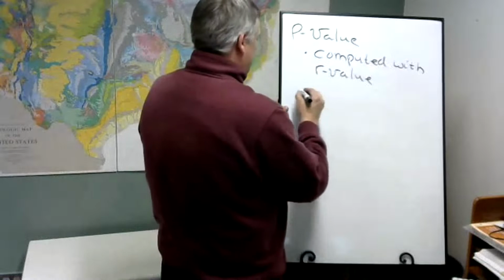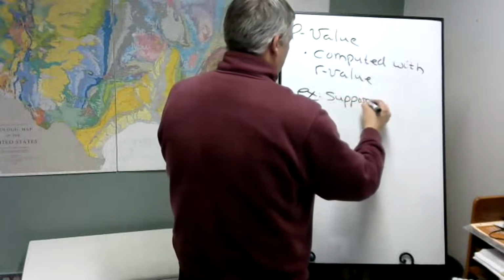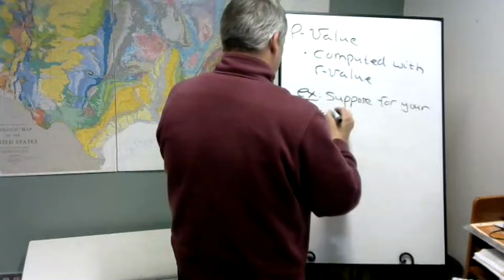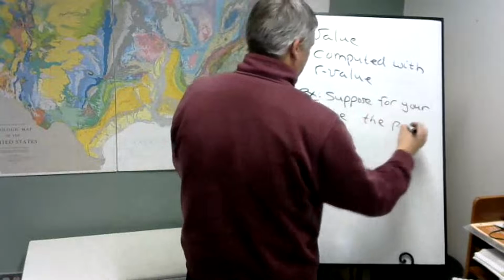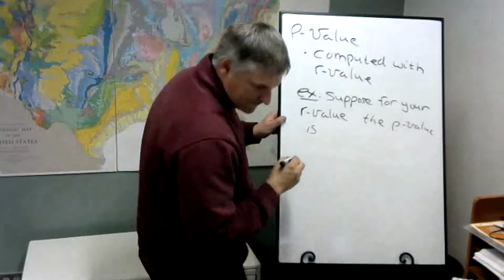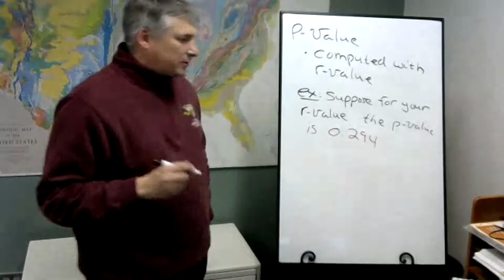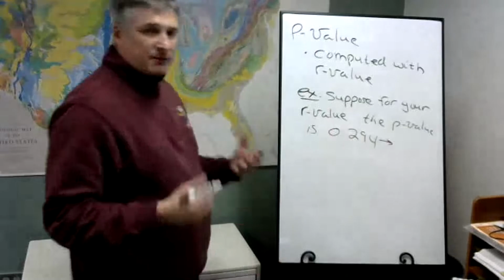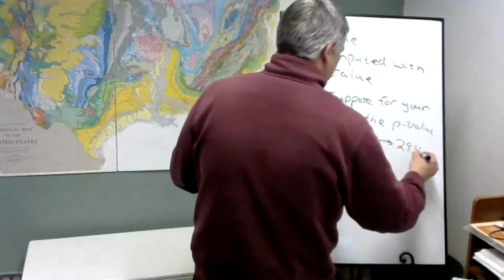So let's say for your R value, you get 0.294. Now what we do is we convert this to a percent. And to take a decimal to convert it to a percent, you multiply by 100%. So this will become 29.4%.